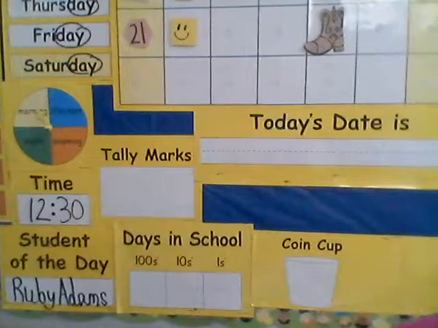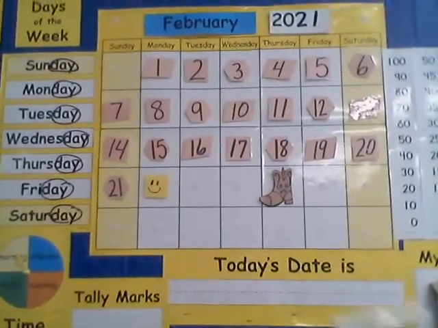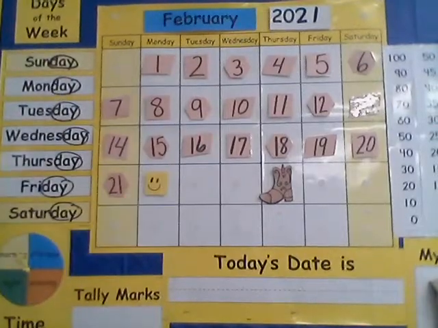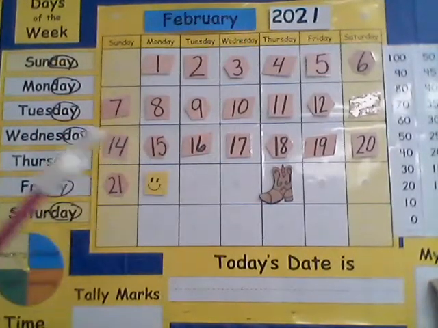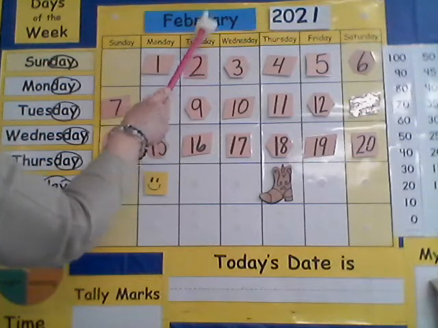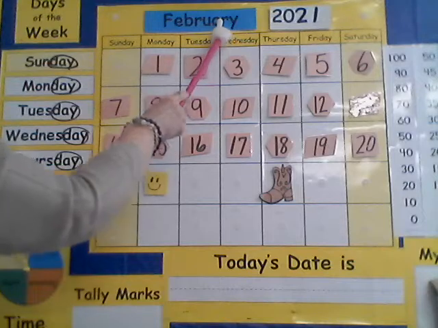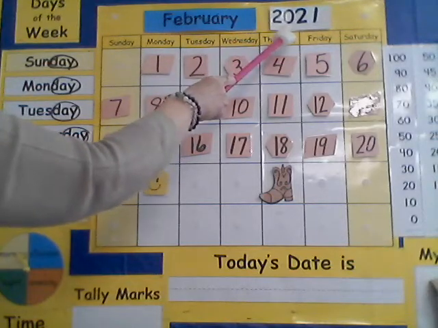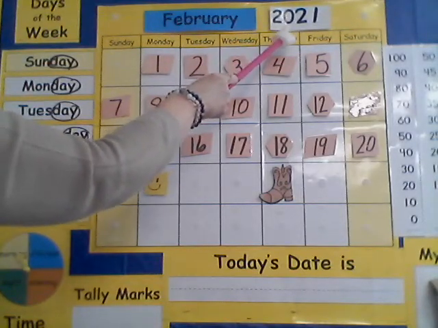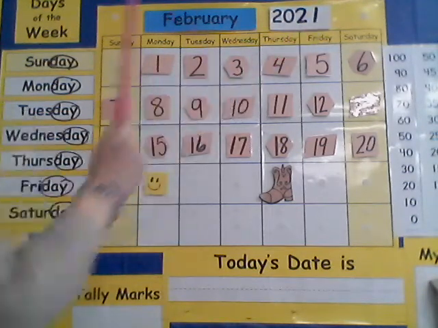So then Ruby would say, this here thing is called a calendar. And this here is called a month. And what month are we in? February. And this here is called the year. And what year are we in? 2021.